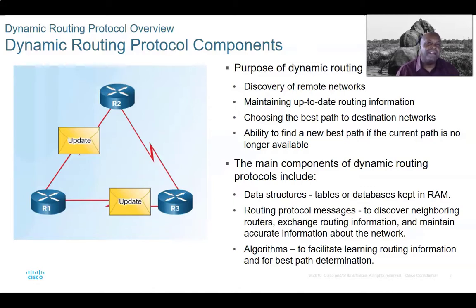Because in the algorithm, you get a chance to learn about your customers, choose the best thing for your customers. And that's the same thing with routing. The algorithm is the thing that decides how this information should go forward to the next router. So TikTok, what are you doing?